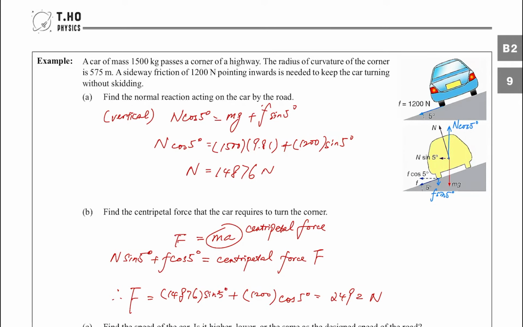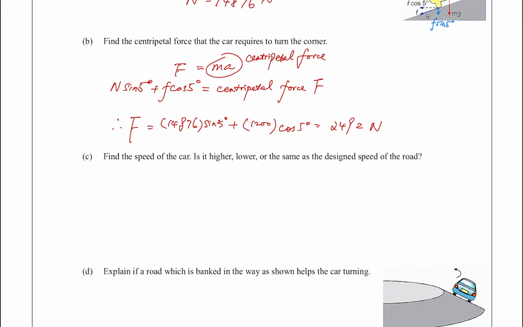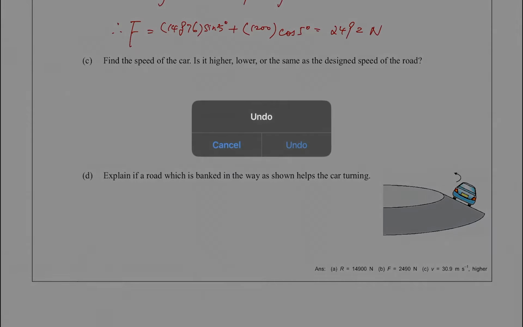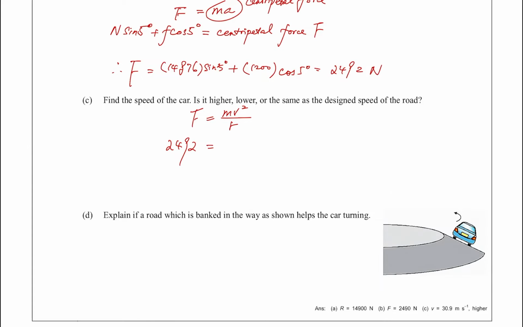Part C, find the speed of the car. If we want to know the speed of the car, we have to consider now the car is turning around a corner, so that we would have a centripetal force. And this centripetal force is provided so that it will provide the centripetal force of the car required to turn around the corner. As we already know how much force is required to turn around the corner, we can write down the equation F equals mv squared over r. F is the centripetal force, so it's 2492.